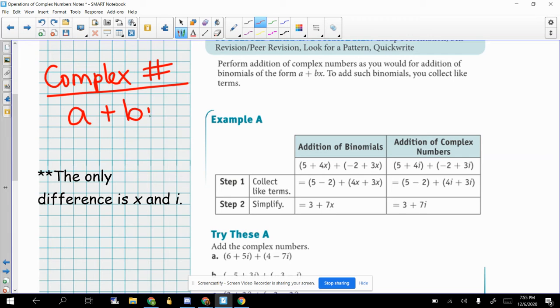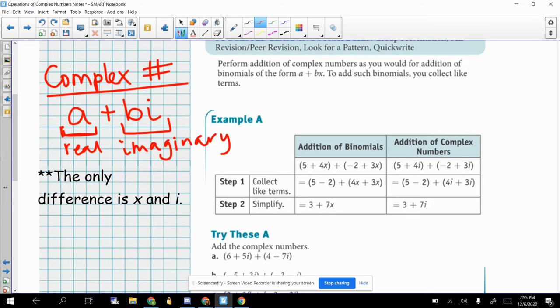So it's always written in this form a plus bi, where a is the real part of the complex number, and bi is the imaginary part. So that's an important piece of information moving forward.